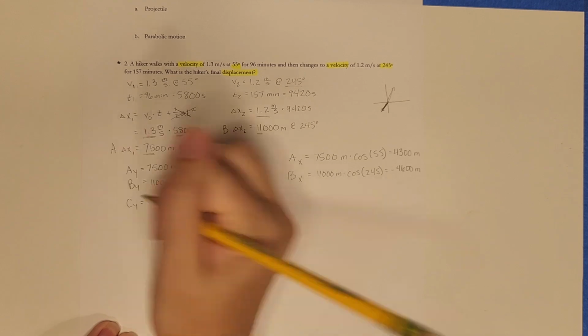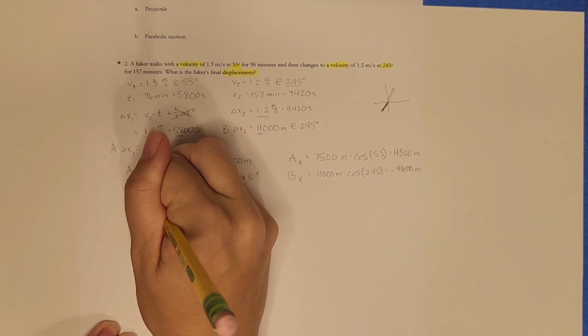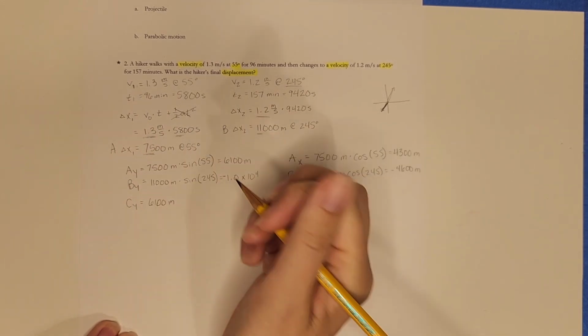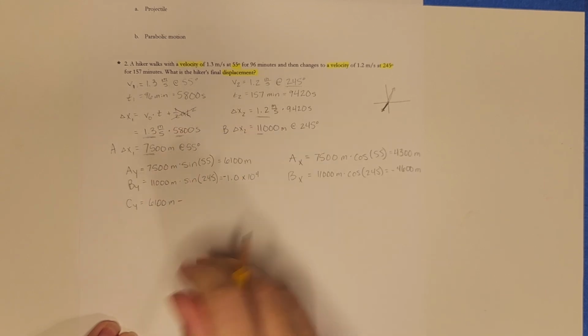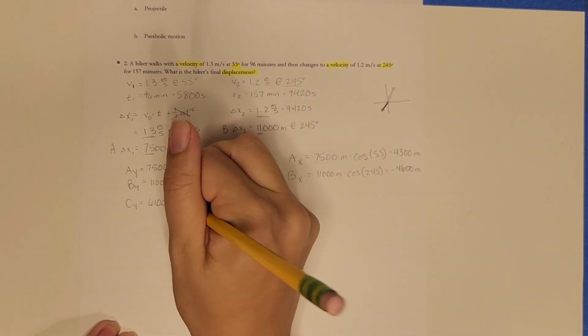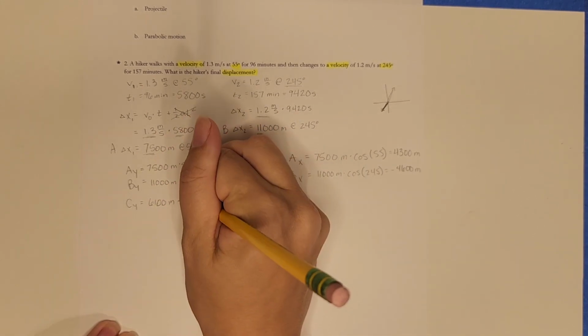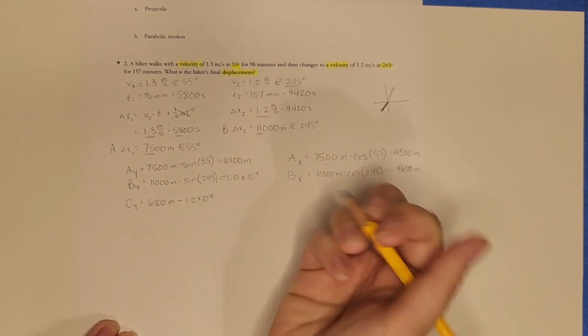So my c y equals 6,100 meters. This is adding this as a negative, so minus 1.0 times 10 to the fourth.